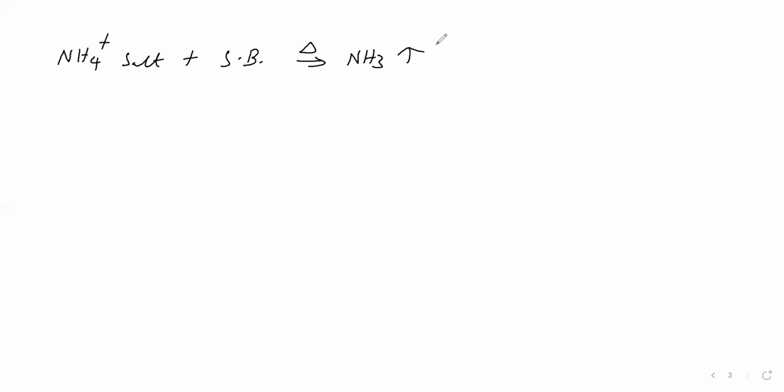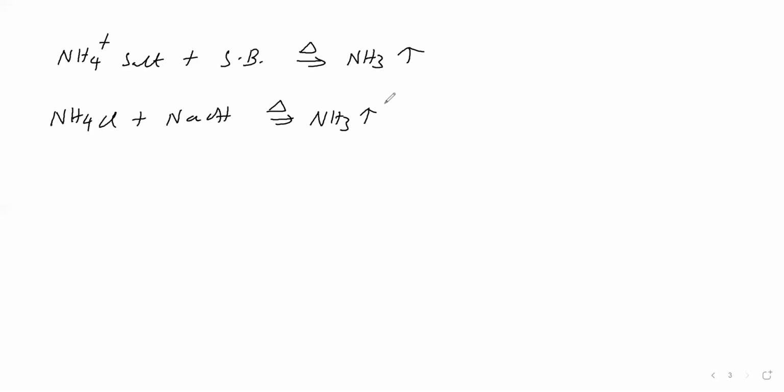So ammonium salt, suppose ammonium chloride. Strong base, suppose we take sodium hydroxide. On heating, ammonium salt with the strong base gives ammonia gas. That is what is there in salt analysis.